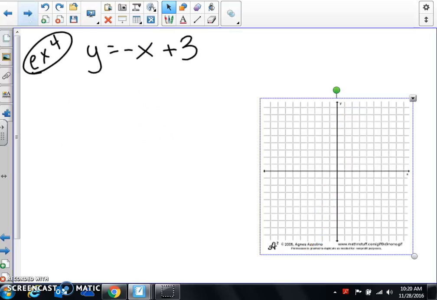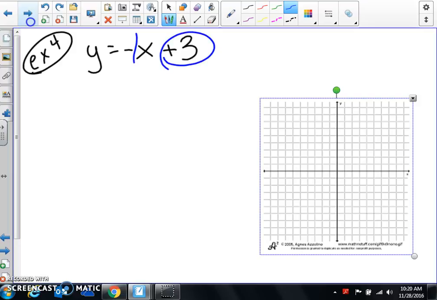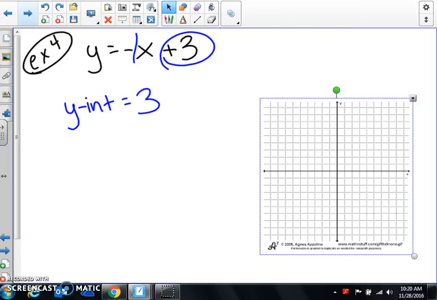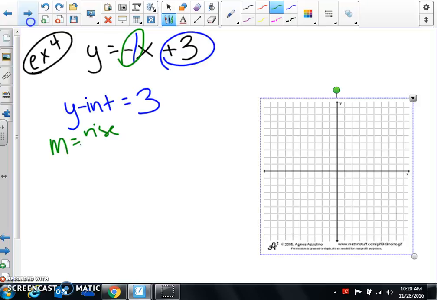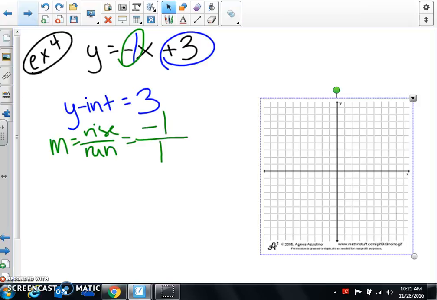Next one. Once again, it's already in y equals mx plus b. Remember, if you don't have a coefficient, put your 1 there, please. So now your y-intercept is +3. And your slope, m, which is rise over run, is -1. Once again, if it's not a fraction, put it over 1.